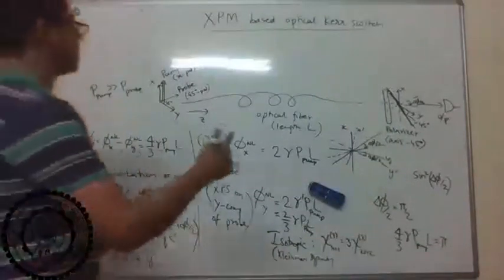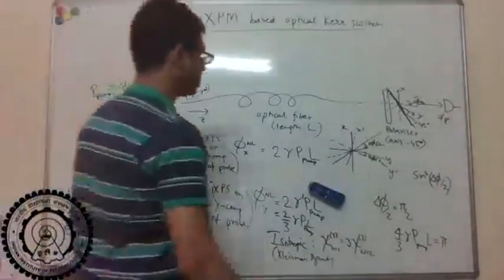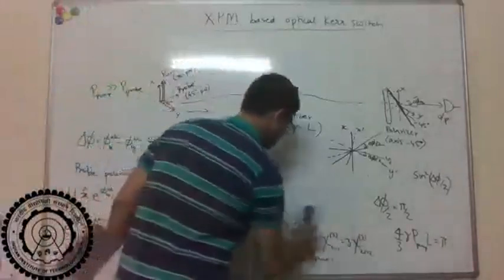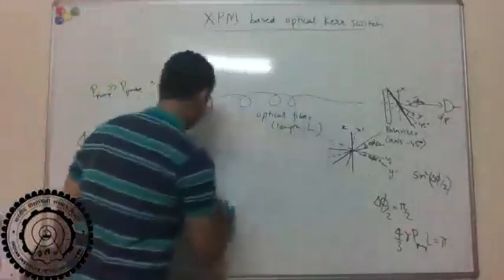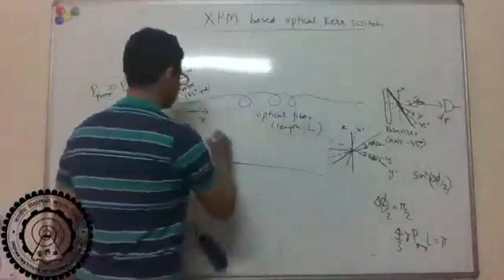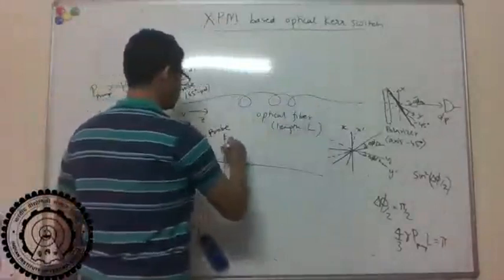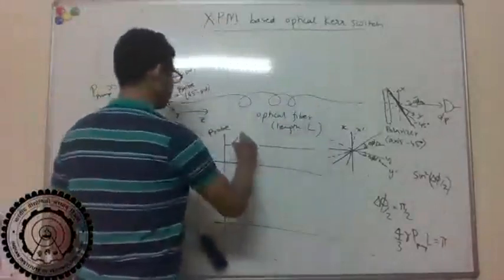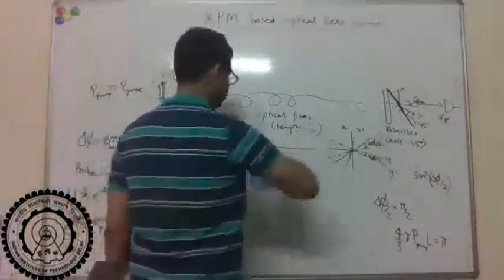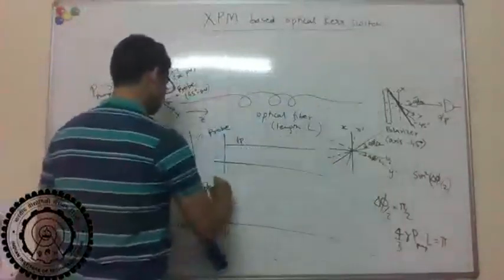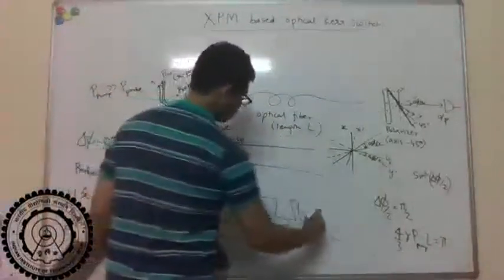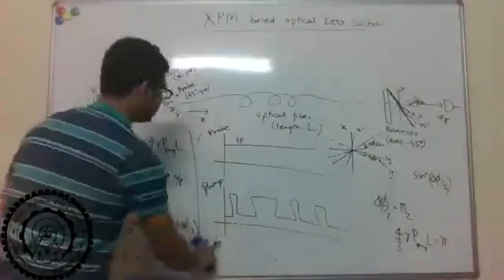So whenever the pump is present, if you go back to this picture of switching, so if you have a probe, let's say CW, so this is at the input. At the output, of course, without the pump, you get just 0. And then you have a pump which is, let's say, on for certain periods of time.